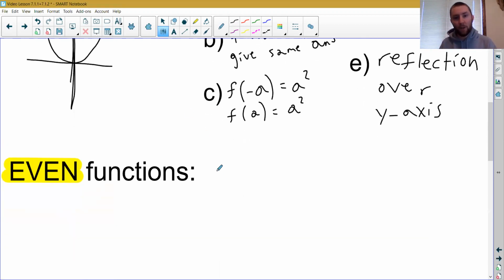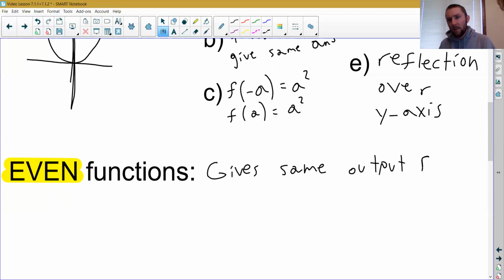Okay, so an even function gives the same output for positive or negative inputs.